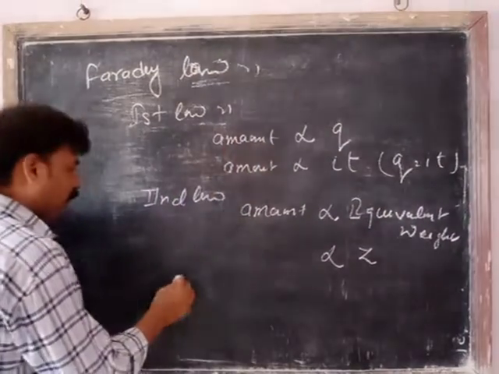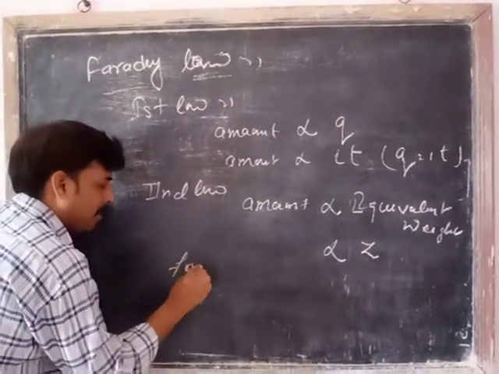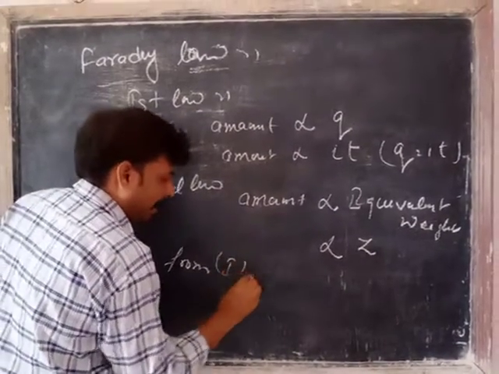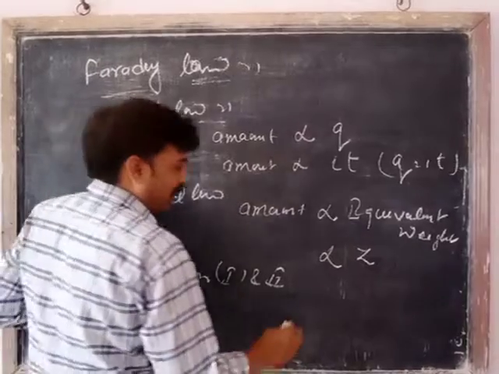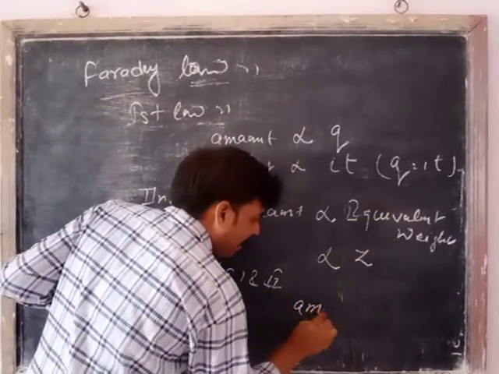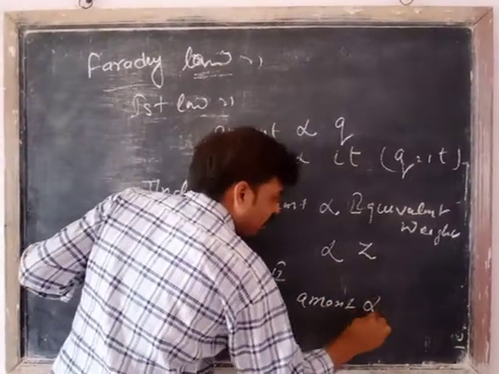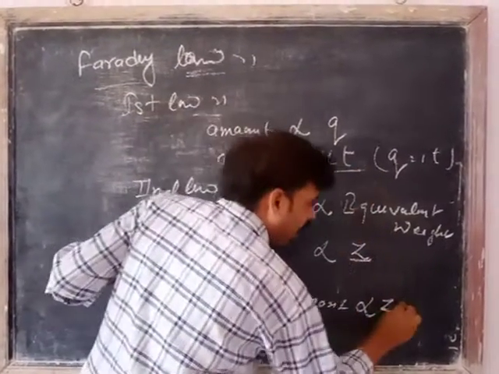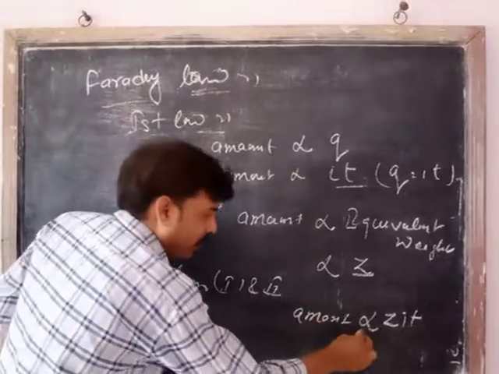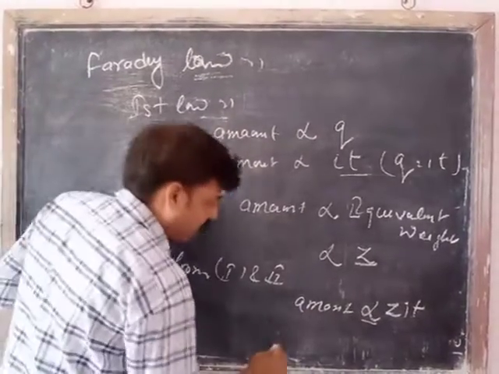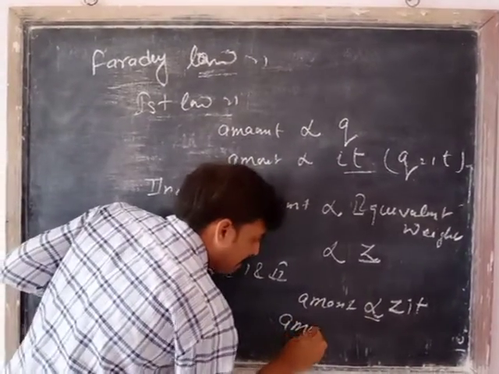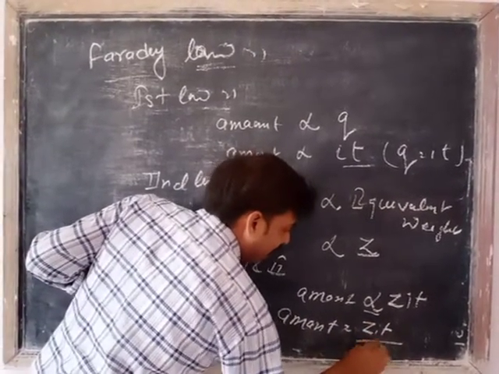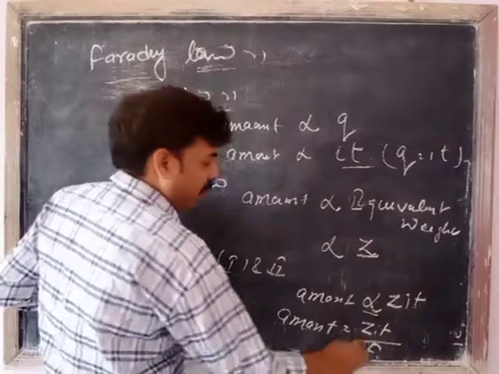From equation 1 and 2, from the first law and second law, we can say that the amount is proportional to Z and I, or we can put a proportionality constant, so the amount equals ZIT upon F.